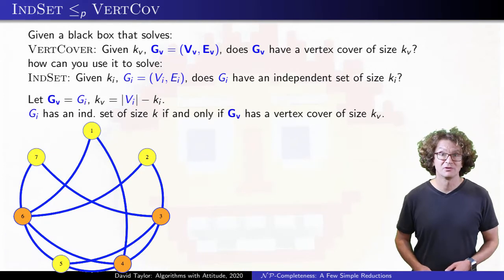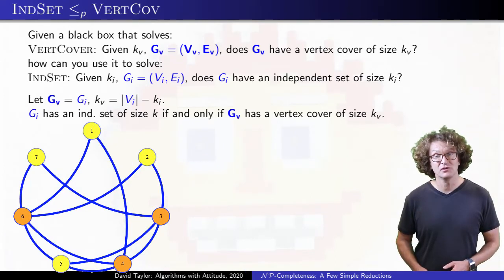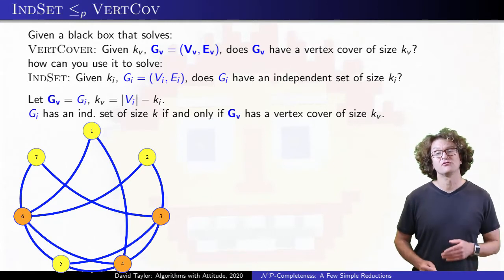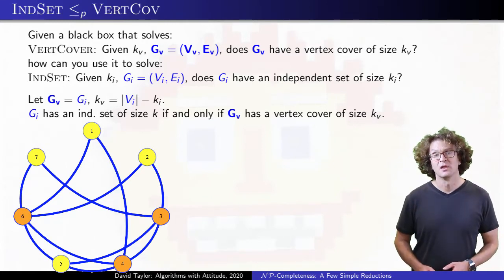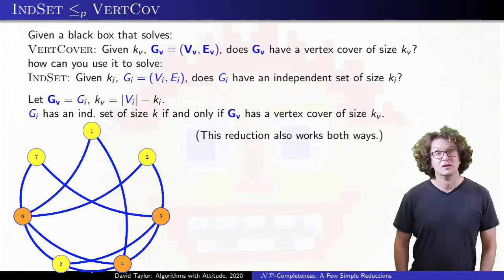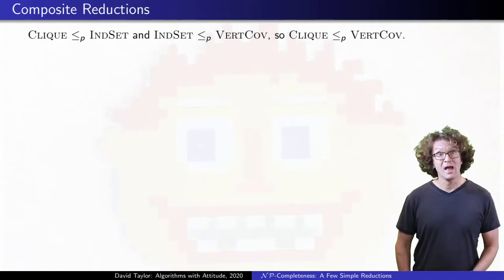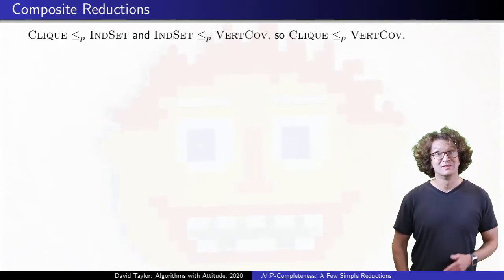So here, there's a size 4 independent set in the graph with 7 vertices, if and only if there's a vertex cover of size 3. This reduction also happens to work both ways. Now, we know that Clique reduces to independent set, and independent set reduces to vertex cover. These reductions are transitive.